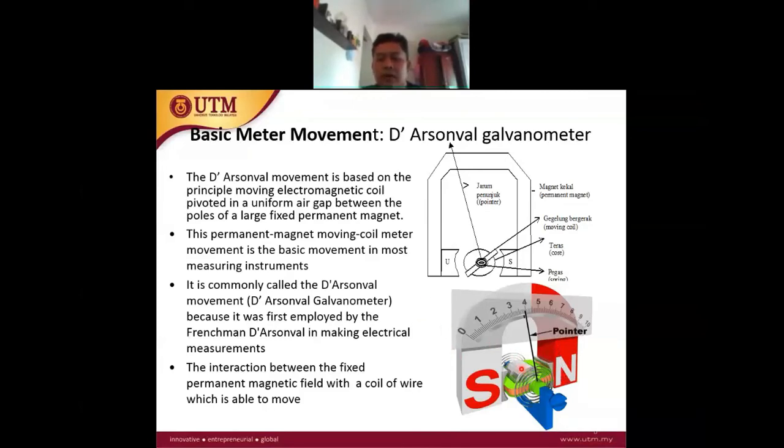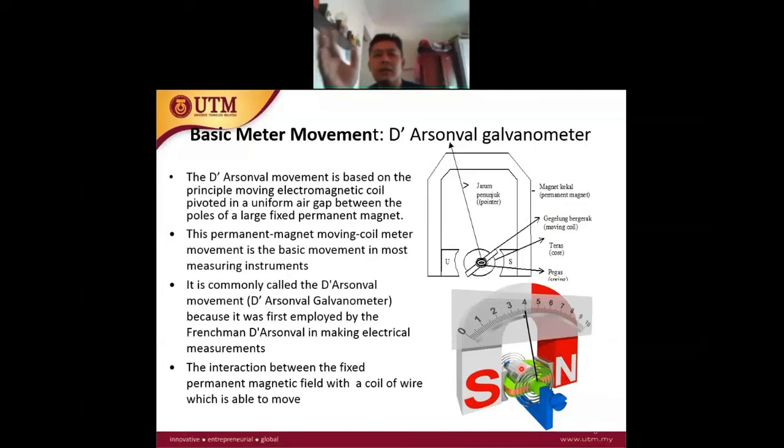If you recall the concept of the electrical motor, it rotates freely, and when you increase the current, it rotates faster. But in this case, we limit the rotation. It will only rotate, for example, over a 0 to 100 degree angle.